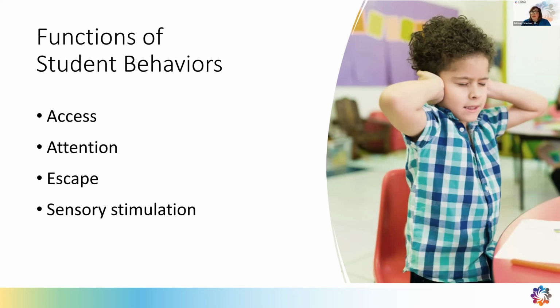And then we have sensory stimulation. So these are our students who want to experience a pleasant sensation or replace something that's uncomfortable or causing discomfort, right? Students may also seek stimulation to sensitize or desensitize, depending on what that sensory need might be.